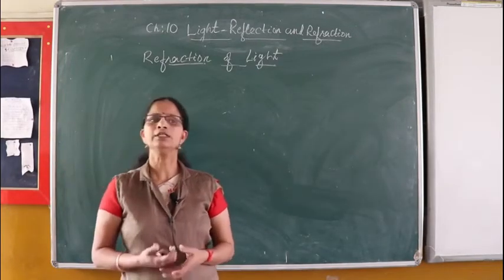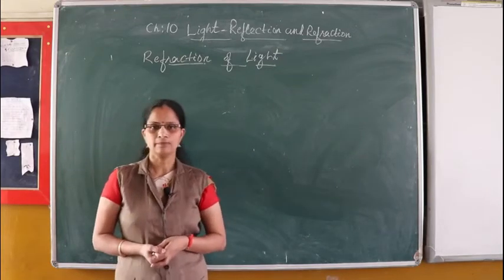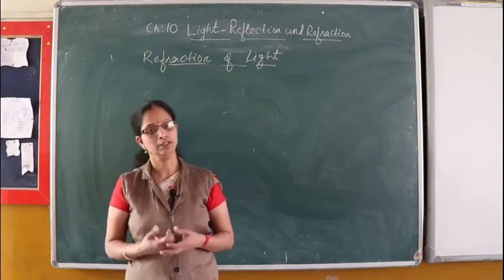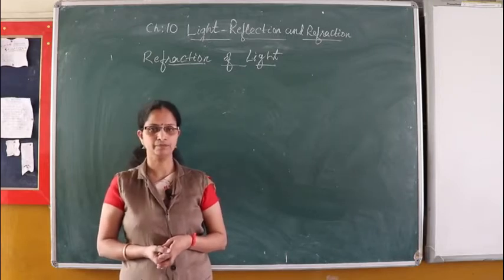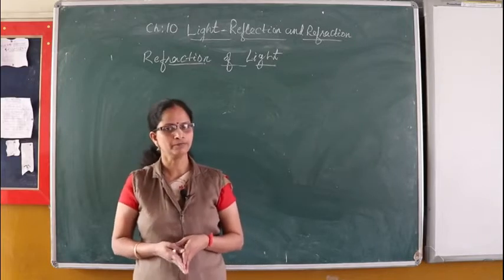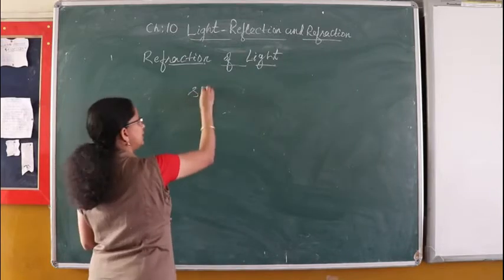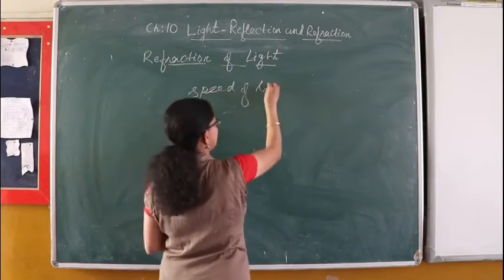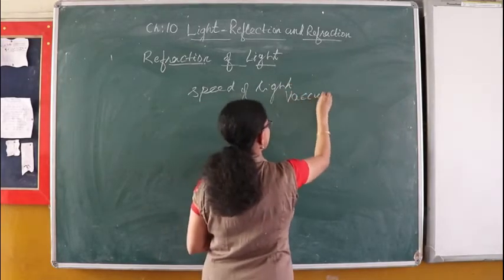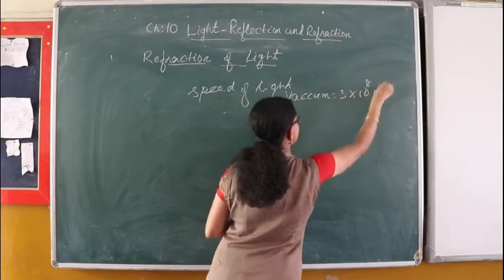Now, why does refraction take place? It is because light does not travel with the same speed in all transparent media. Light travels with maximum speed in vacuum, and the speed of light in vacuum is about 3 into 10 to the power 8 meter per second.